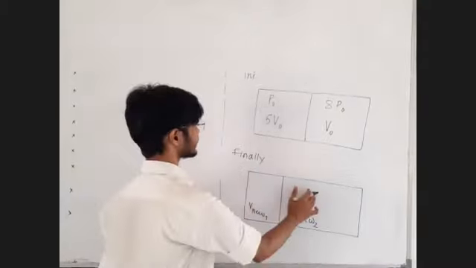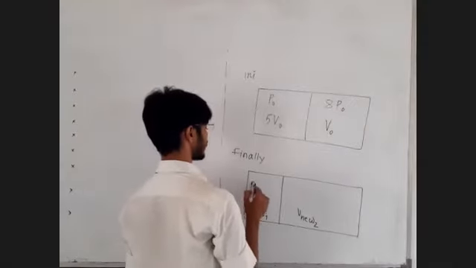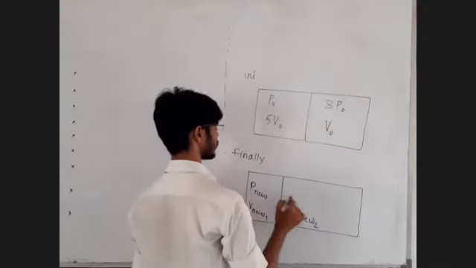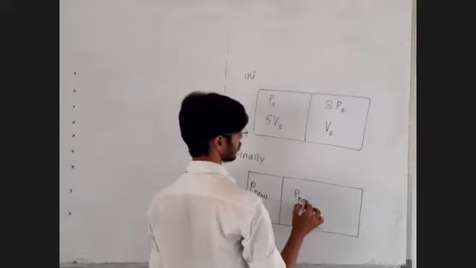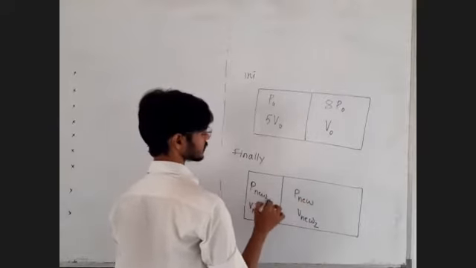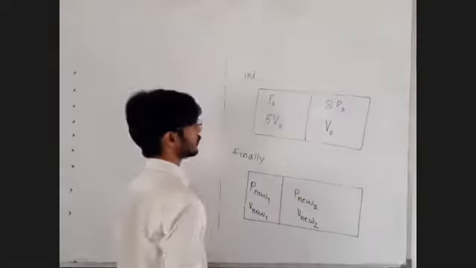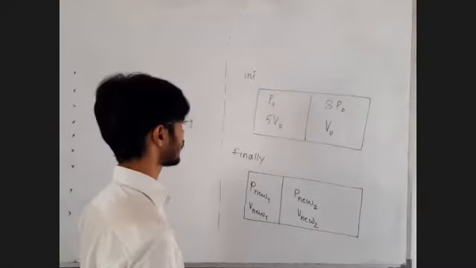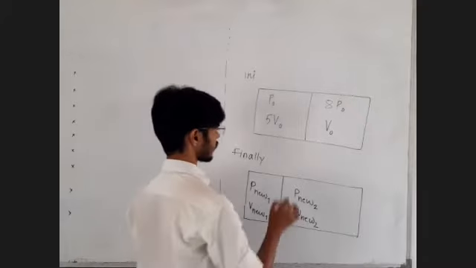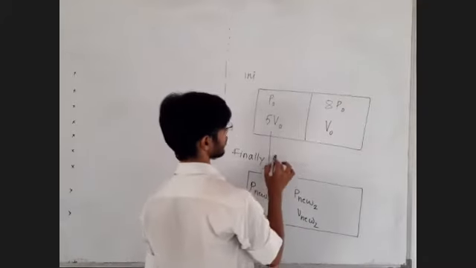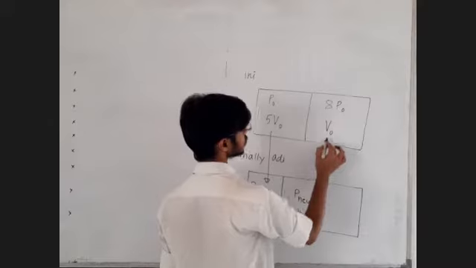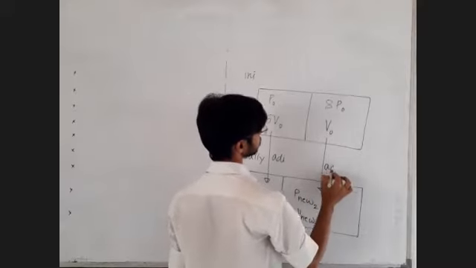This is the first part, this is the second part. Here we will be having new pressure, but no need to call this as 1 and 2. Actually, these two pressures are going to be equal. And the process is adiabatic for both.